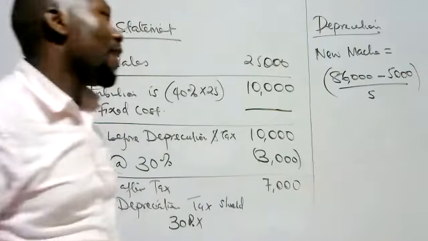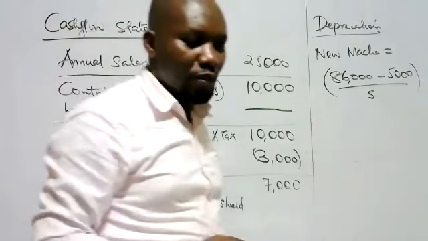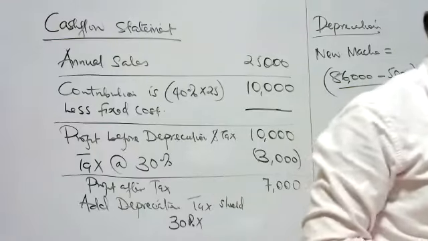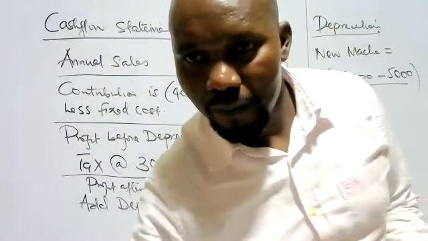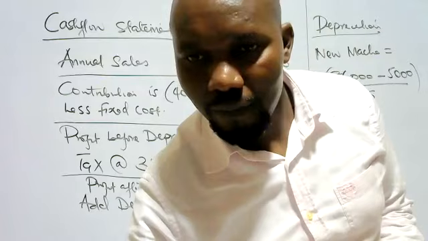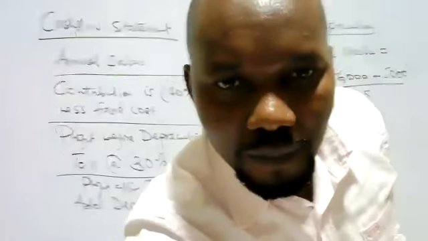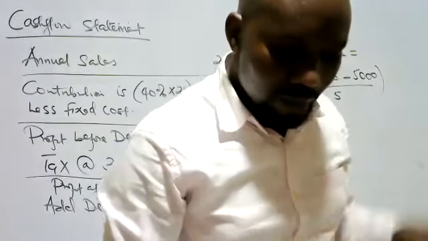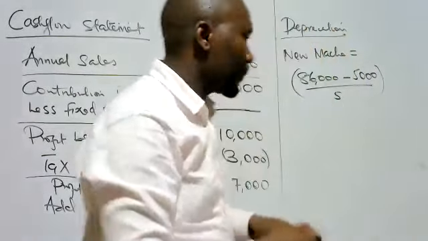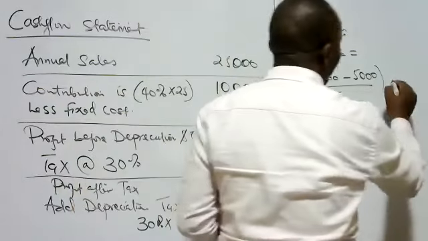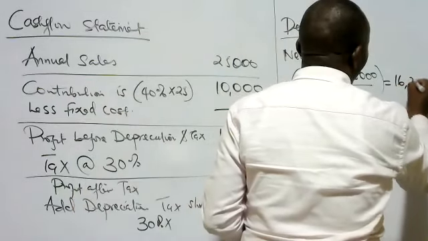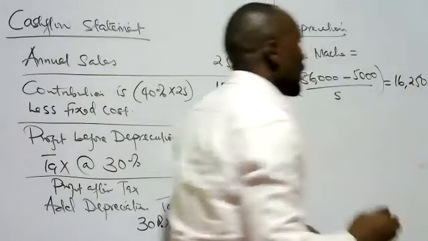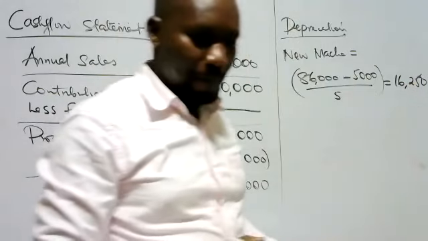When you divide it by 5, what do you get as depreciation per year? You'll get 16,200. Depreciation per year.